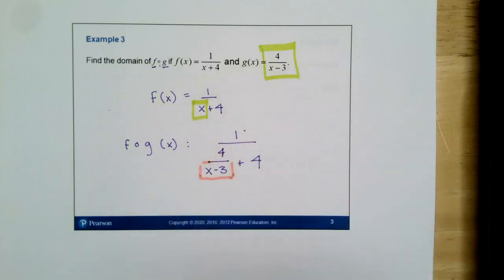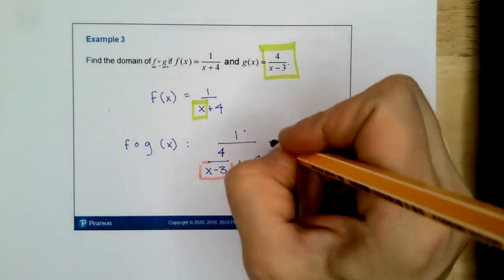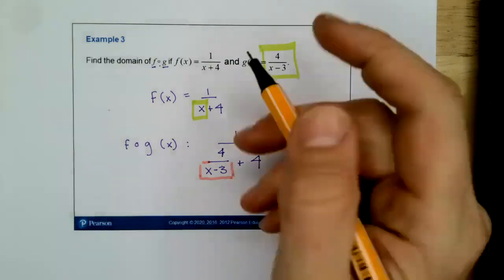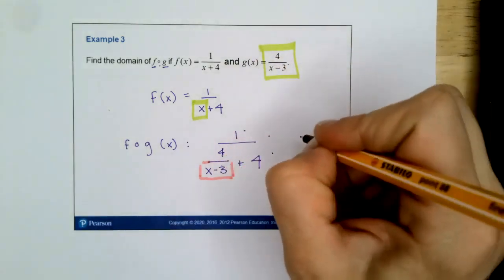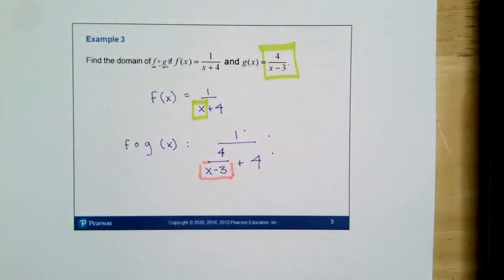So we're going to take the denominator of the inner fraction and multiply the numerator and the denominator of this fraction by it.